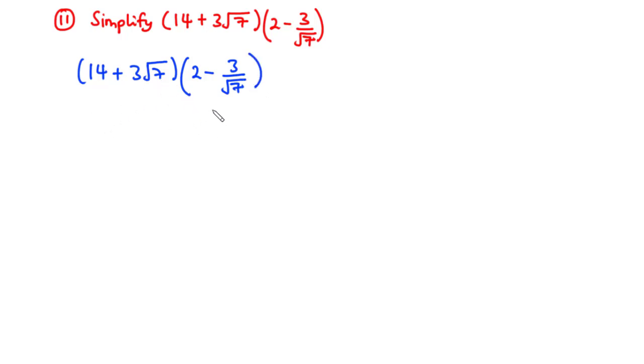So to solve this question, basically we are going to expand. So we have 14 times 2, and then we also have 14 times negative 3 over root 7. So this becomes negative 14 times 3 over root 7.